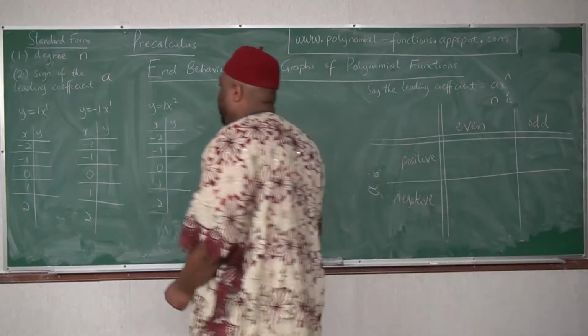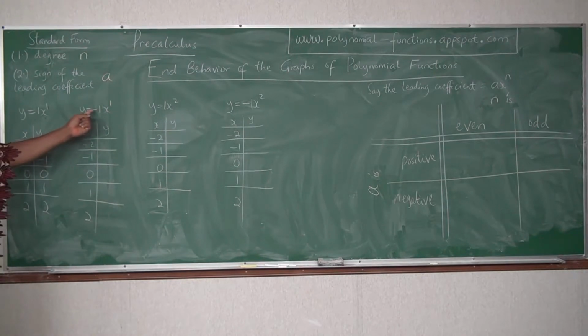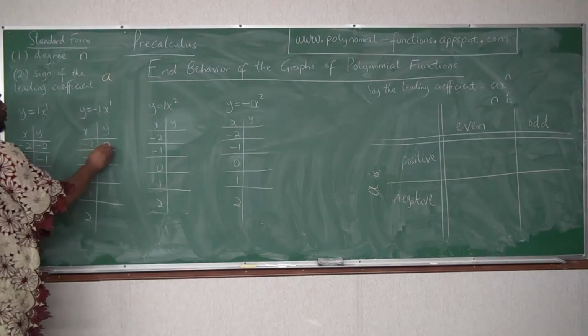So folks, let's look at this for a moment. Let's get back to the table of values. Here, when x is -2, y is -2. When x is -1, y is -1. This is 0, this is 1, this is 2. Here, when x is -2, y will be -1 times -2, which is 2.